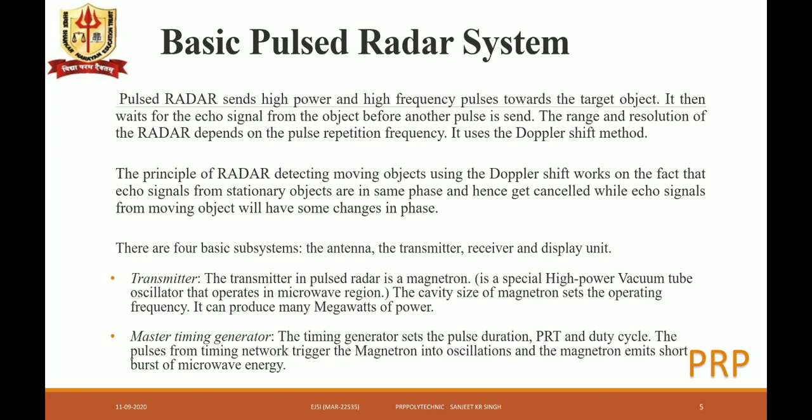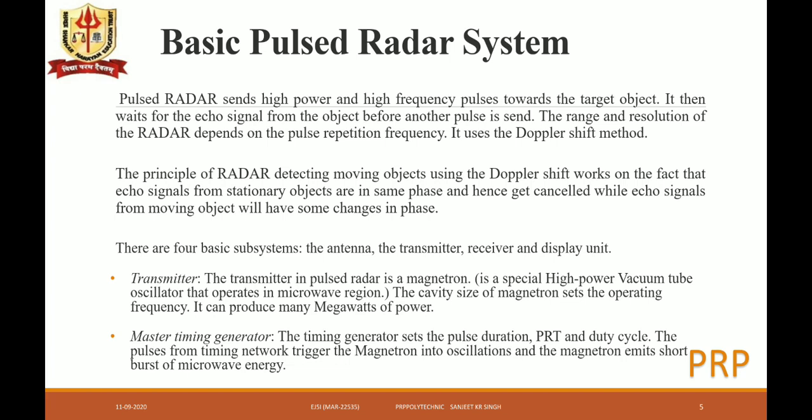Similarly, if the time period for PRT time is 120 microsecond, then the pulse repetition frequency will be 1 upon PRT, that is 1 upon 120 microsecond, that will give 8.33 kilohertz of pulse repetition frequency.